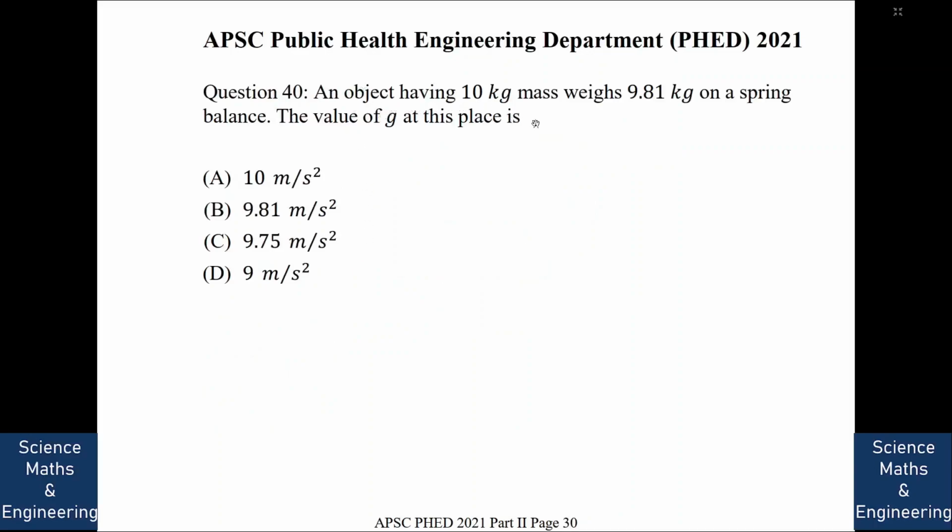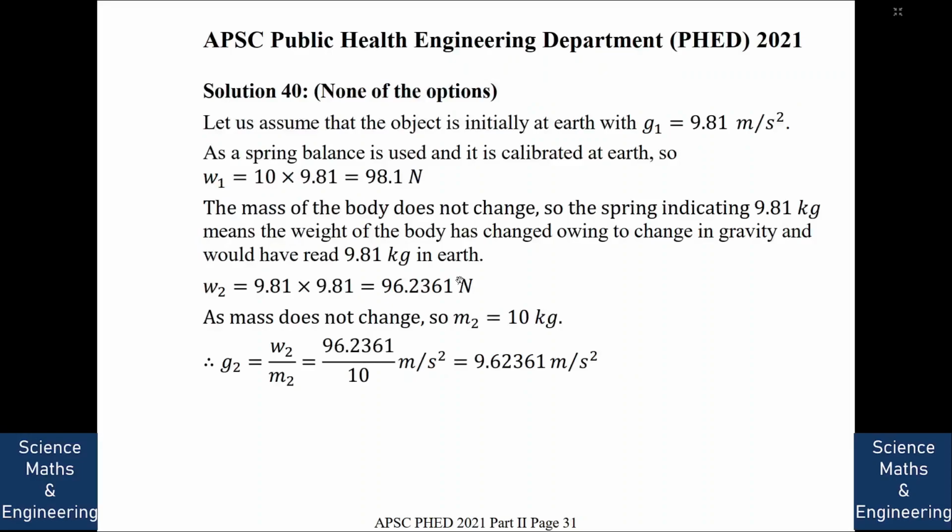An object having 10 kg mass weighs 9.81 kg on a spring balance. The value of g at this place is, so the answer is C. So let us assume that initially it is on earth, so g1 is 9.81 meter per second square.